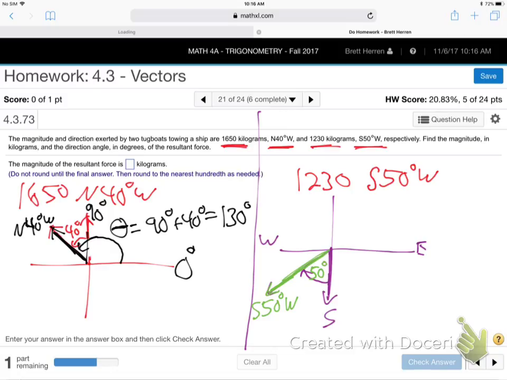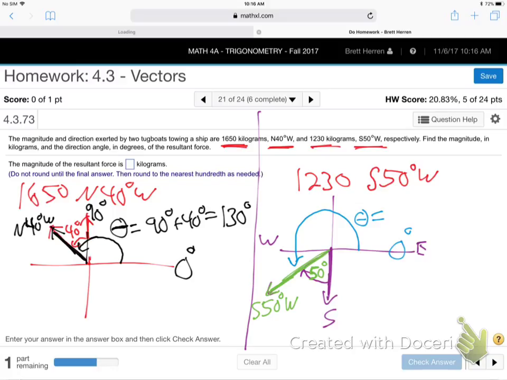Our job, though, is always to figure out what angle is that from 0. From 0 to that, what angle is that? That's what we're trying to figure out. You guys with me?